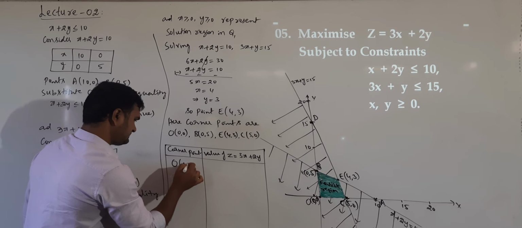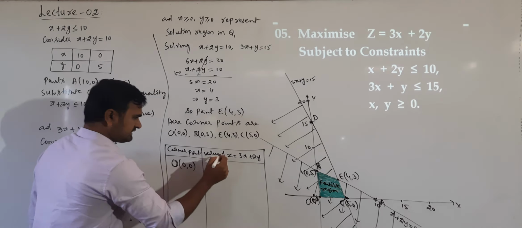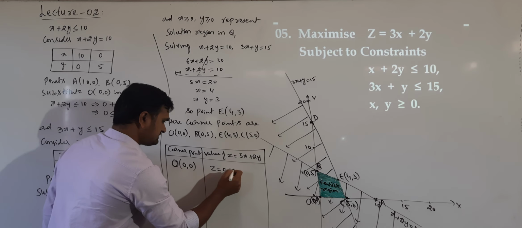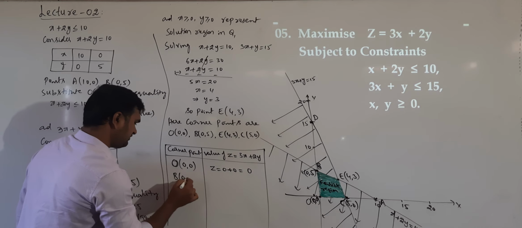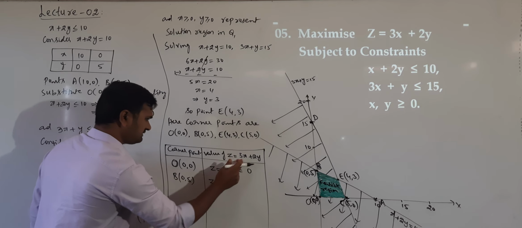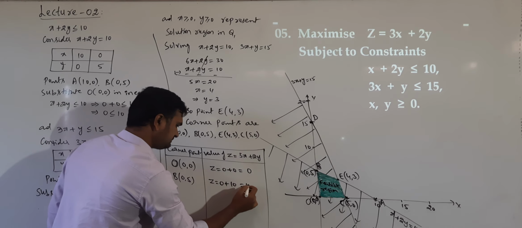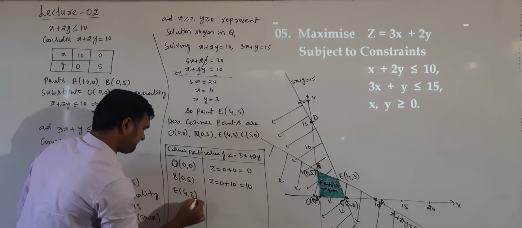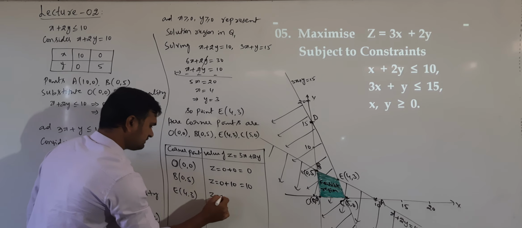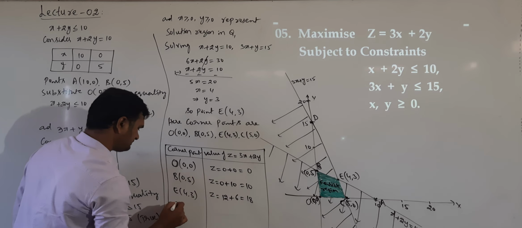Corner points, one is origin. So when x is 0, y is 0, what is the Z value? 0 plus 0. Next B is 0, 5, what is the Z value? x is 0, y is 5, it is 10. Next E is 4, 3, Z is 12 plus 6, 18.